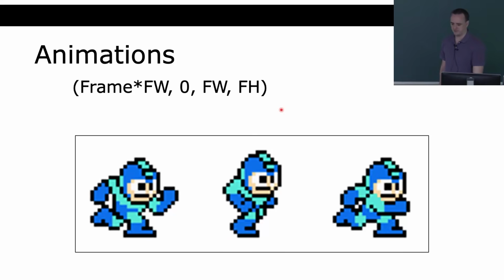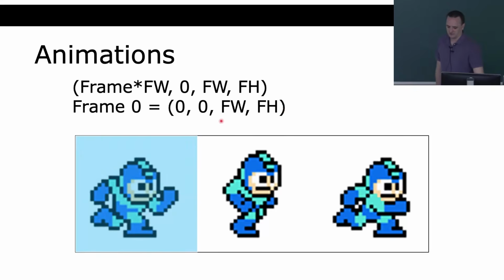So let's look at an example. Let's say I have figured out FW and FH, because that's just given to us. If I want to draw frame 0, that's frame, which is 0, times FW, so that's 0, 0. So we start in the top left corner of the texture, and then it's frame width over and frame height down, right?